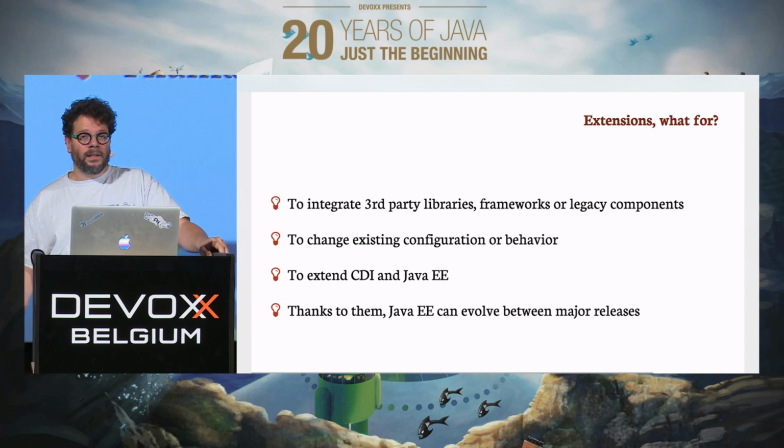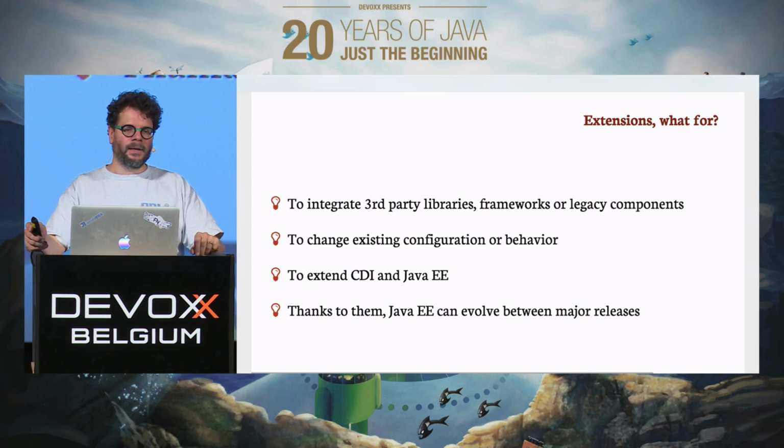It's also a way to extend Java EE, as CDI is used by a lot of specifications in Java EE. A lot of specifications rely on CDI, so you can integrate new stuff in the Java EE platform through extensions, and it's a way to add new stuff to the platform between two Java EE major releases.